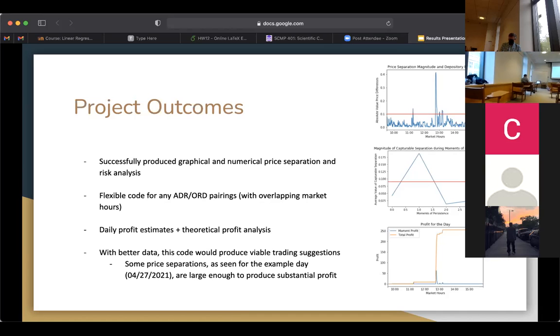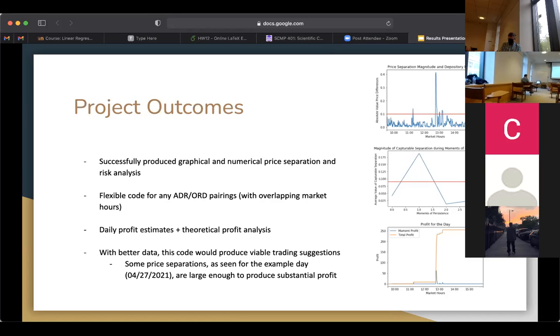And throughout the day of trading, we see this one pretty massive spike above the depository rate. So that means that for at least some period of time, the user had severe enough price separation to cover the commission to the depository institution.